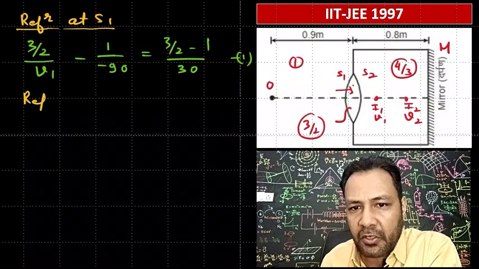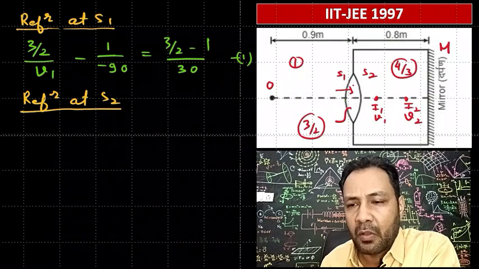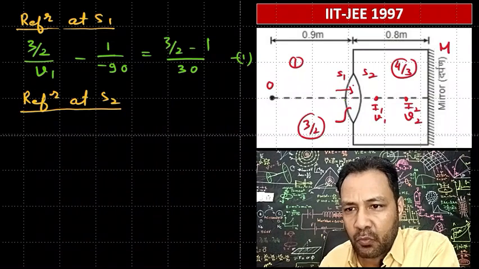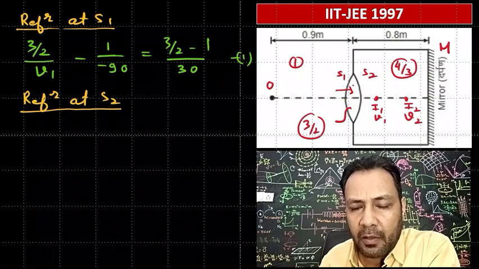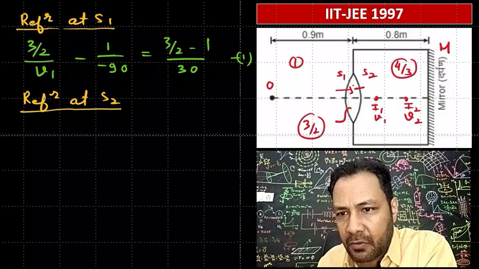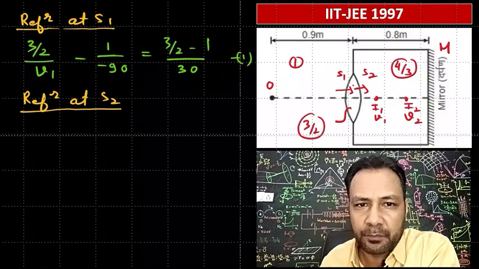And then refraction at S2. For the refraction at S2, this I1 will be the object and I2 will be the image, and the ray will go like this. So mu i will be 3/2, mu r will be 4/3.